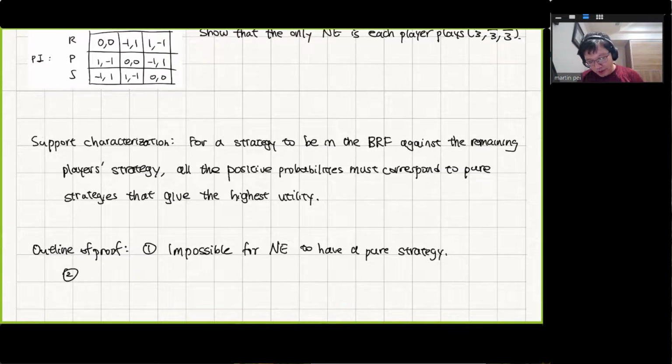The second part is to show that it's impossible to have a Nash equilibrium when you spread between only two strategies.